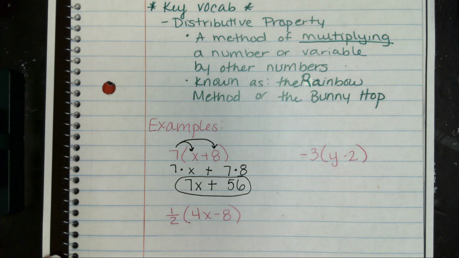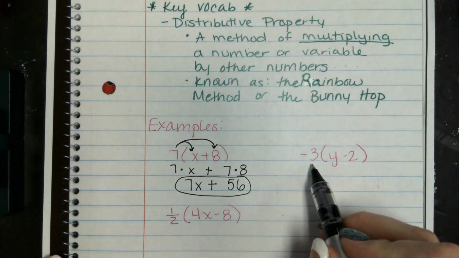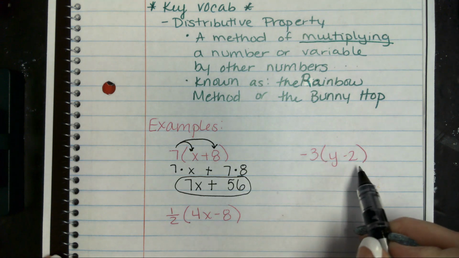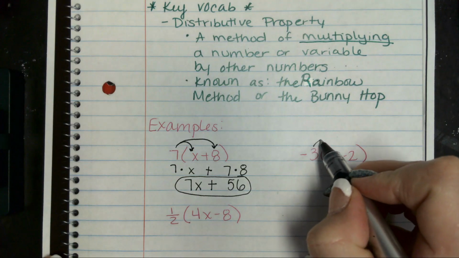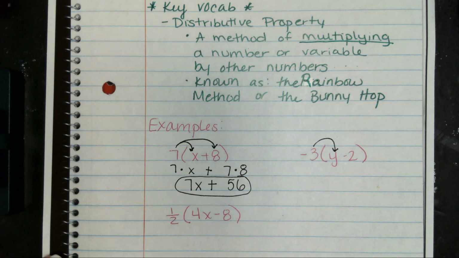Now, feel free to pause here, rewind it if you need to watch that again, so it makes a little more sense to you. Our second problem is -3 parentheses y minus 2. So, once again, I'm going to draw my rainbow or my bunny hop, taking my number that's on the outside of my parentheses to the numbers on the inside, or variables on the inside.